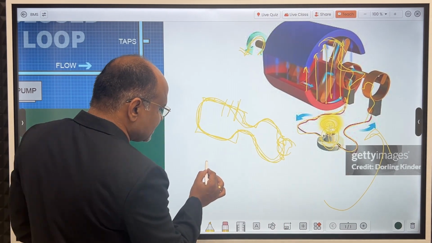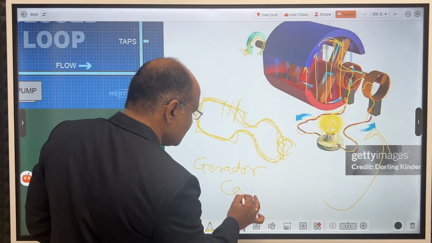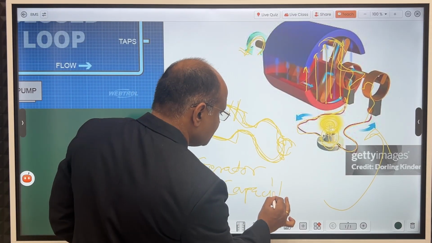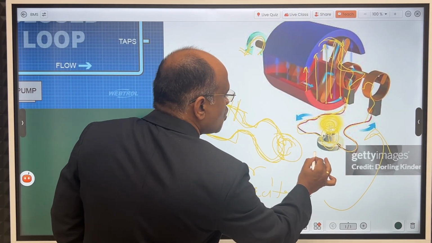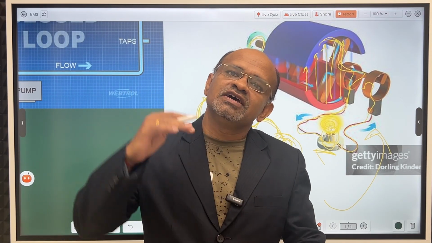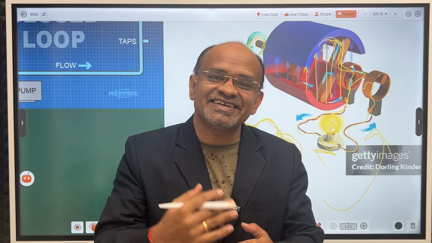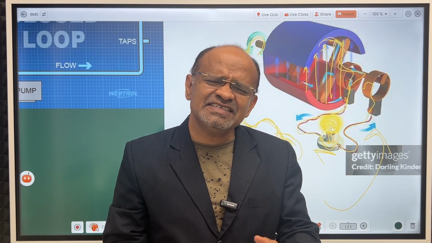So the generator capacity is dependent on this load. Whatever load you are putting, if you are adding load, at the generating station they are adding alternators or generators in the system. It is simple.